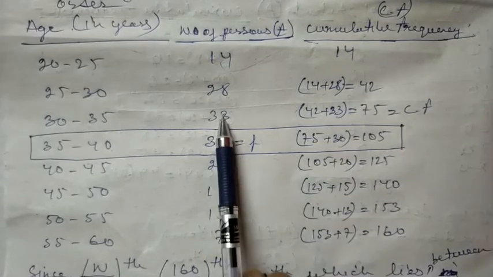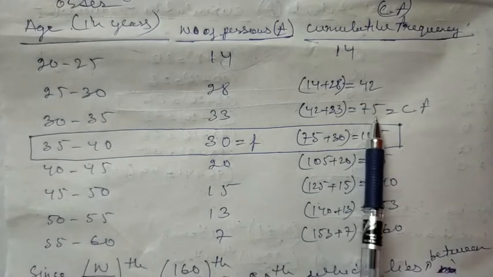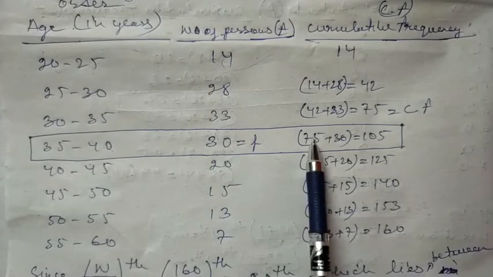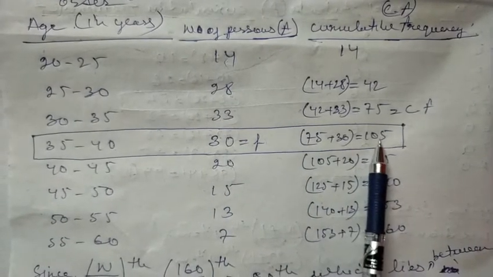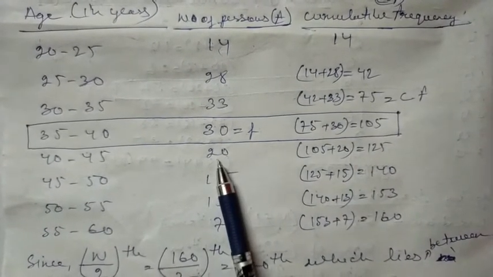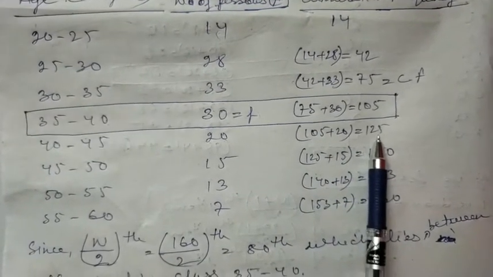Again 42 plus 33 is 75. Again 75 plus 30 we got 105. 105 plus 20 will get 125.